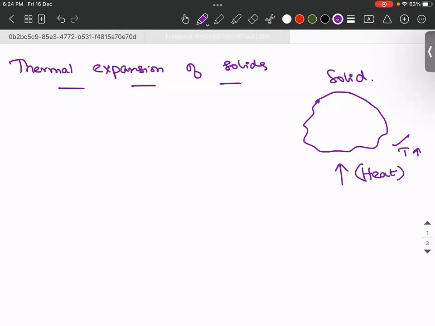But at the same time, you can also observe that the dimensions of the object will also change. So how are they going to get changed is what we will see now.